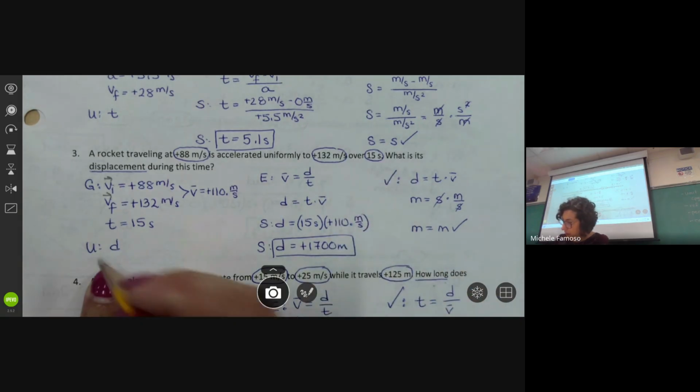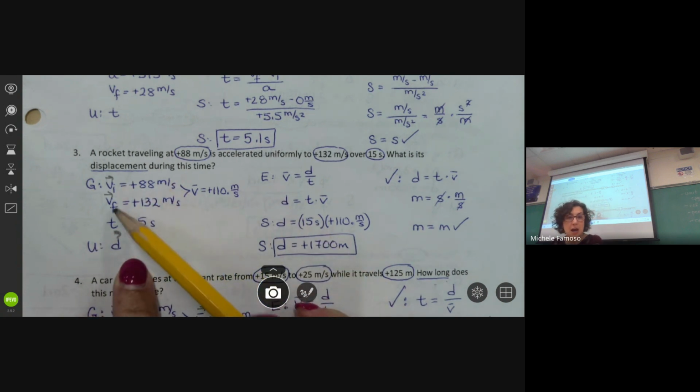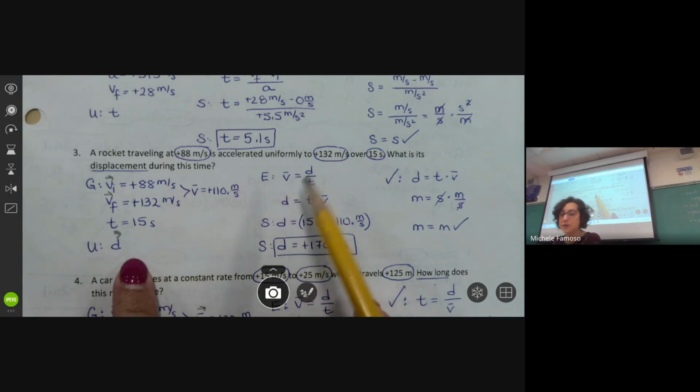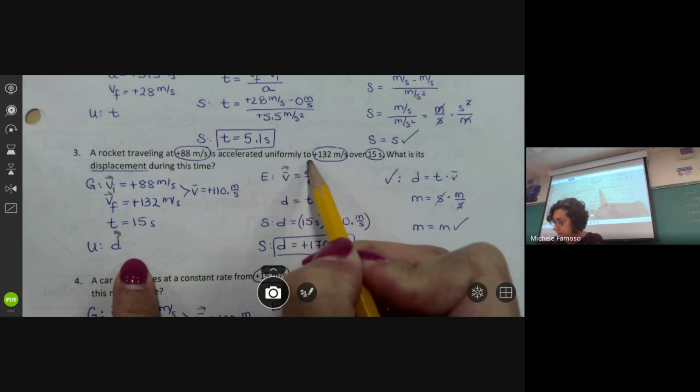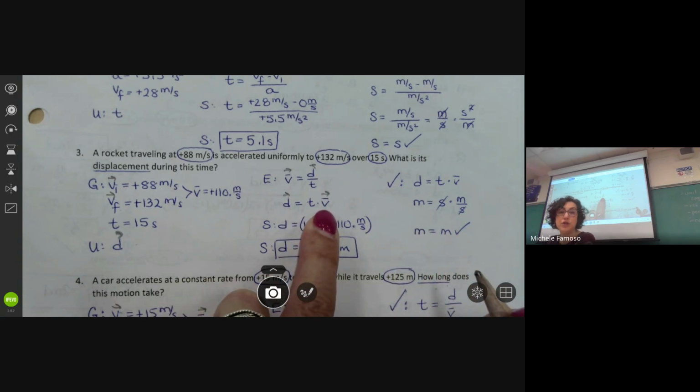I'm looking for displacement. So that means I need an equation that does not include A. There is only one equation on your reference table that does not have A in it for kinematics. That is the V bar is D over T. So that means the displacement is the time times the average velocity.